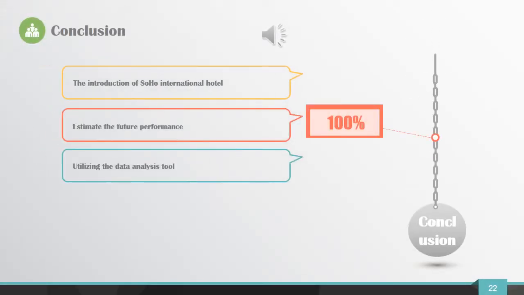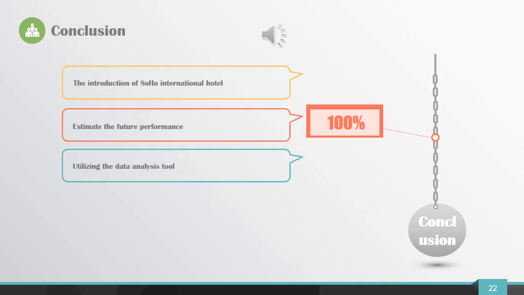To sum up, the purpose of the report is introducing the Soho International Hotel to the market and estimating the hotel's future performance. By utilizing data analysis tools such as the STR report, the hotel is anticipated to generate valuable information about the current market's behavior.